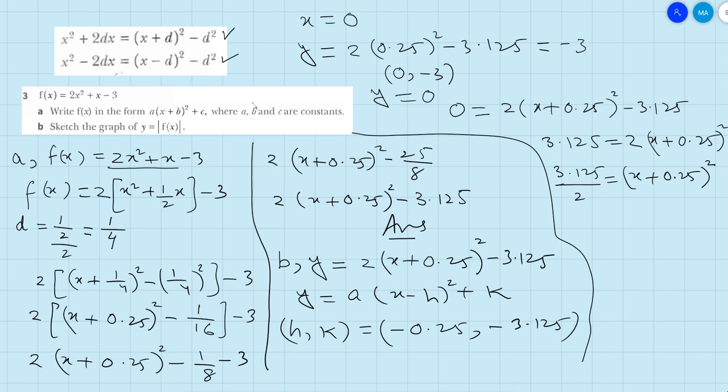3.125 divided by 2 is 1.5625. I am taking just two decimal places, rounding off to two decimal places.